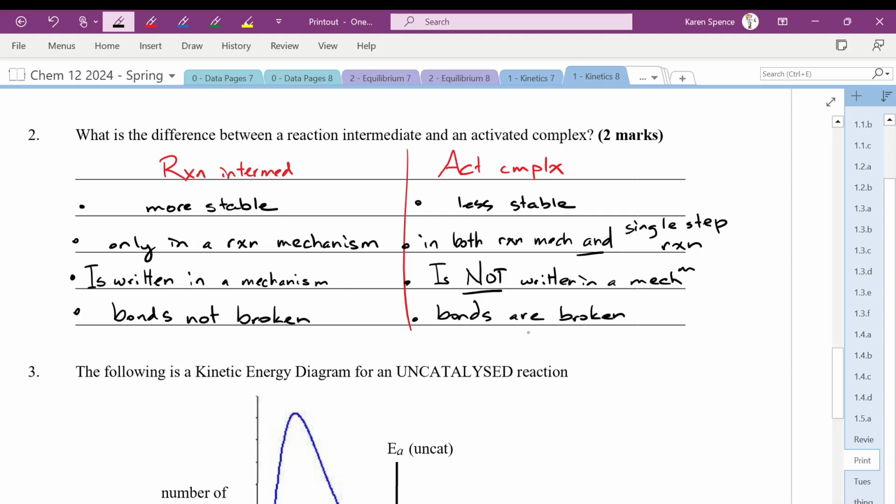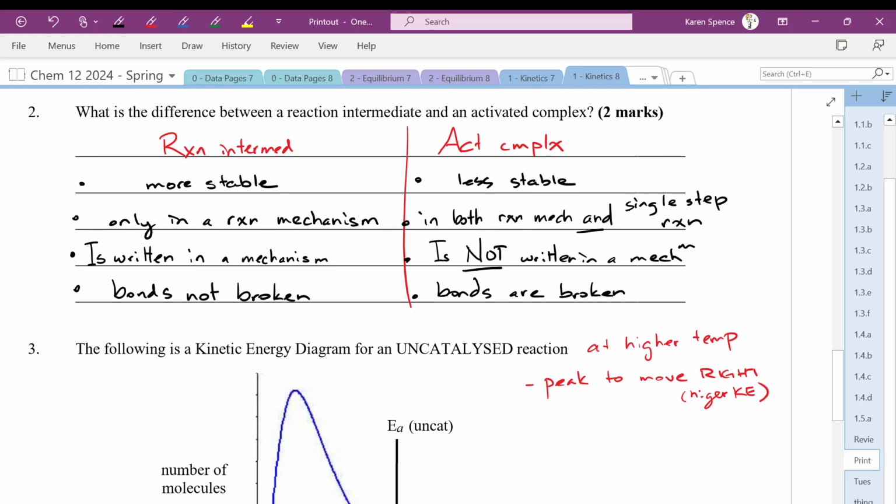So the things you want at a higher temperature: you want the peak to move right, which is a higher kinetic energy.